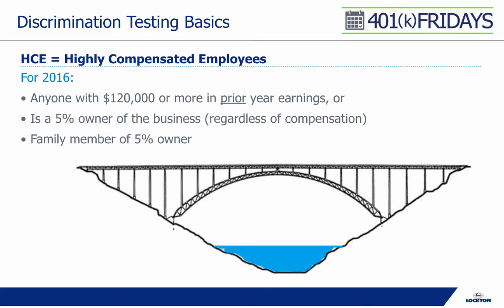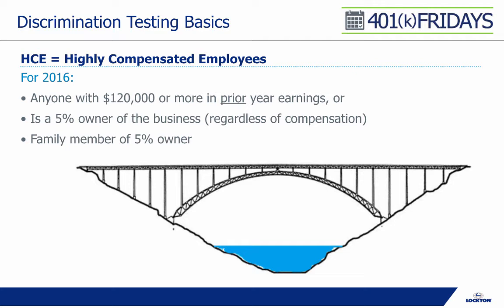To get your arms around the basics of 401k discrimination testing, it first helps to define some terms. First, and one of the more important things, is defining a highly compensated employee. In 2016, a highly compensated employee is anyone with $120,000 or more in prior year earnings. Again, the key word here is prior year. So we're doing testing in 2016 for the 2015 plan year.